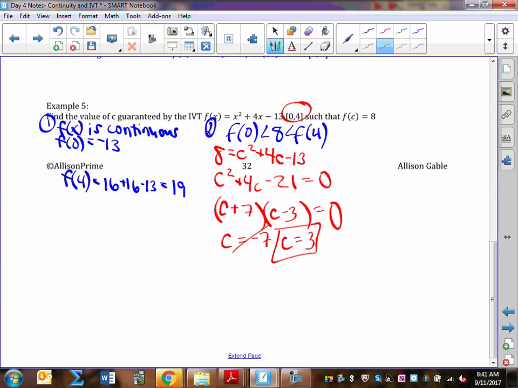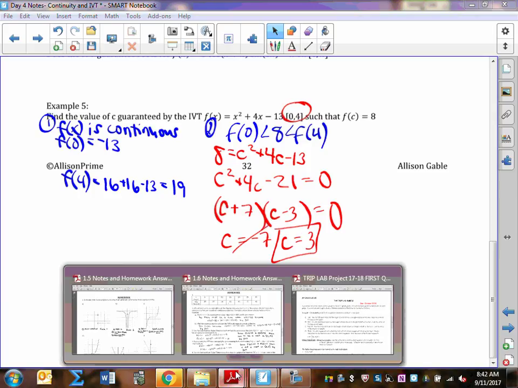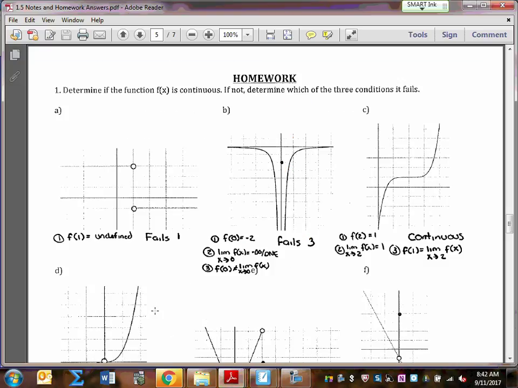All right. Any questions on that? So let's go ahead and take a look at our homework and questions we had on there. Let's start off. This was your first page. Any questions on that first page?